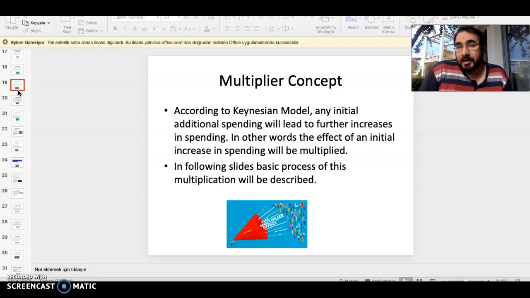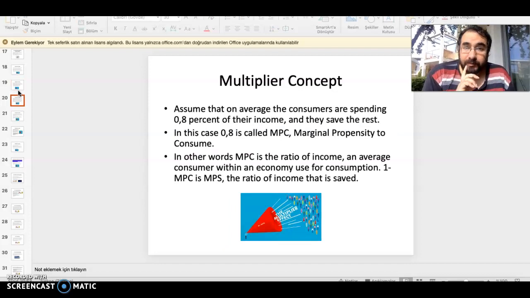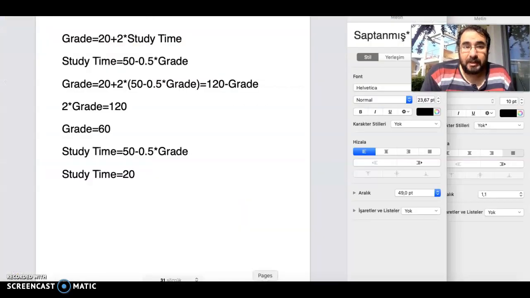So it creates not only an initial increase in production level due to this new demand, but it also creates multiple increases in the demand level due to the spending process in the economic system. So how will it occur? Well, you might think of it like this.